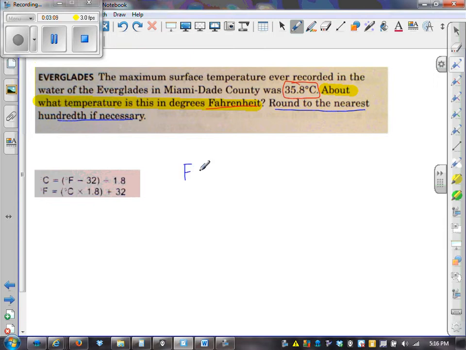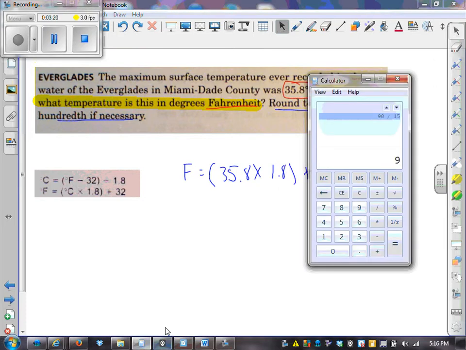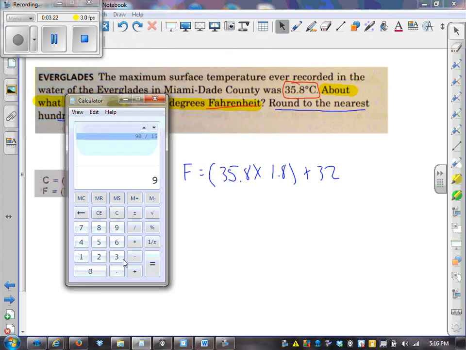So F equals 35.8 times 1.8 plus 32. Right? And let's pull out our calculator. 35.8 times 1.8 equals, and then we're going to add 32, right?